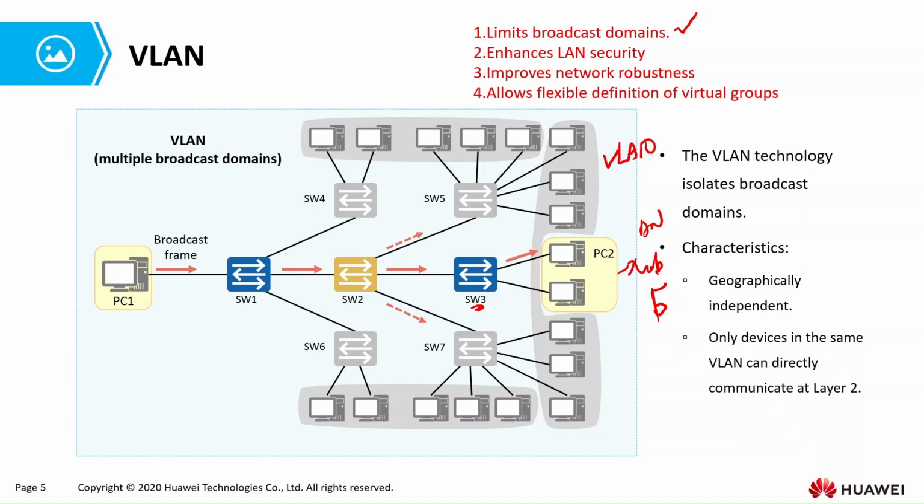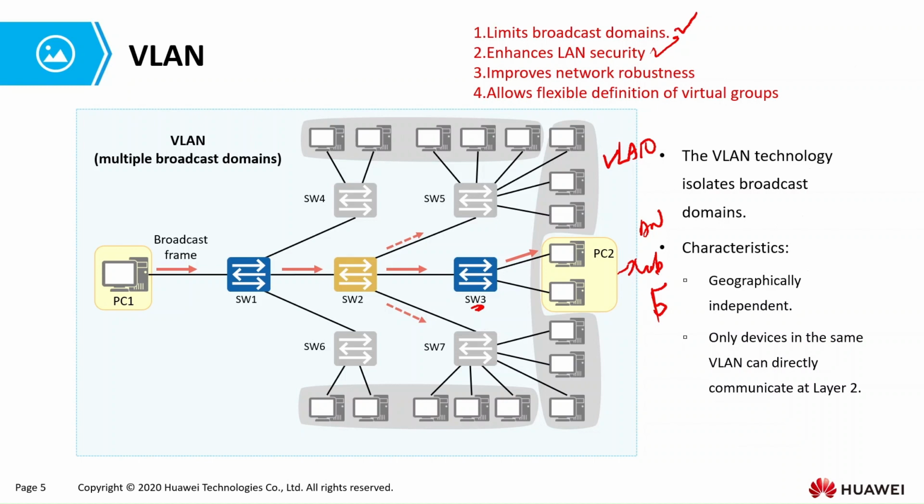And also you enhance the local area network security. Why? Because you have already limited each PC. If I want to communicate with this PC, actually I cannot communicate directly because they belong to a different VLAN. I am only able to communicate with these two PCs and my switches.